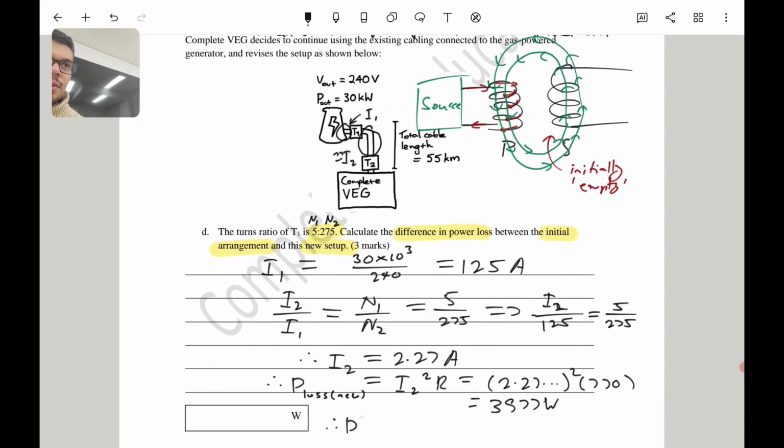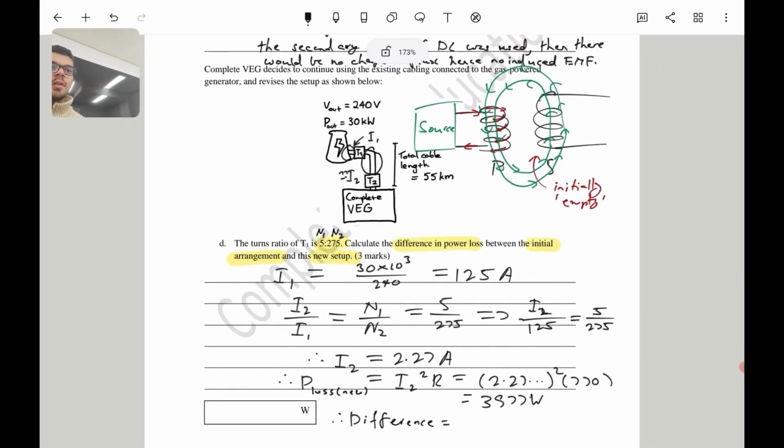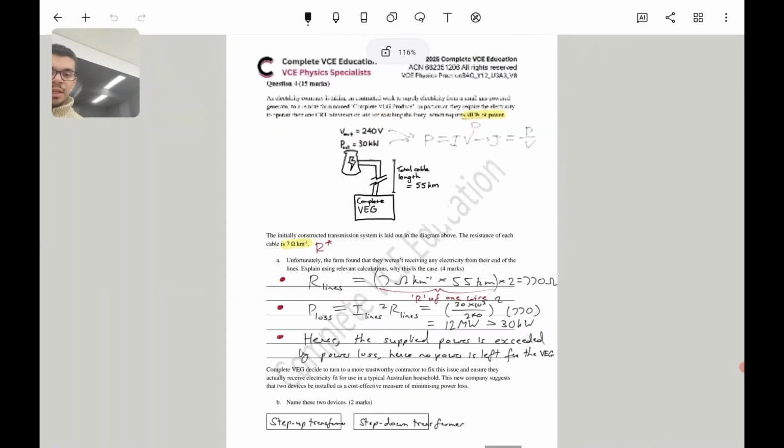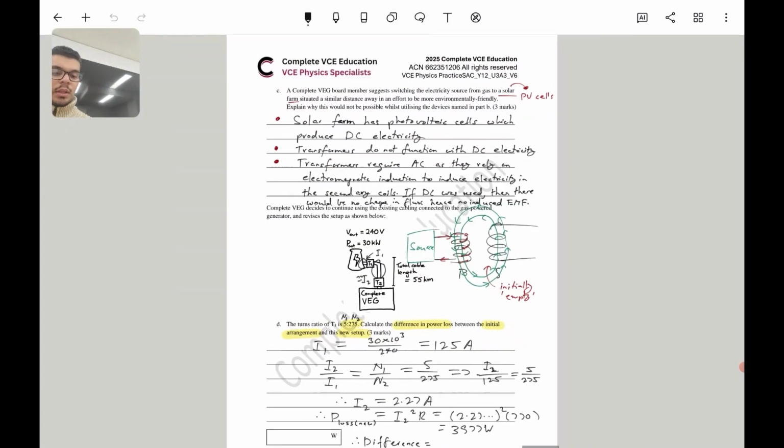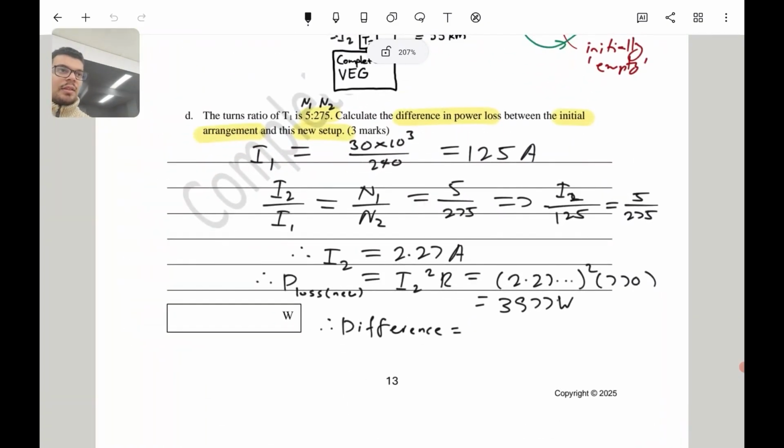Therefore, the difference in the power loss is going to be quite big. So previously, we obtained our power loss of 12 megawatts. Now that wasn't an exact value, so you can obtain an exact value: 12,03125.